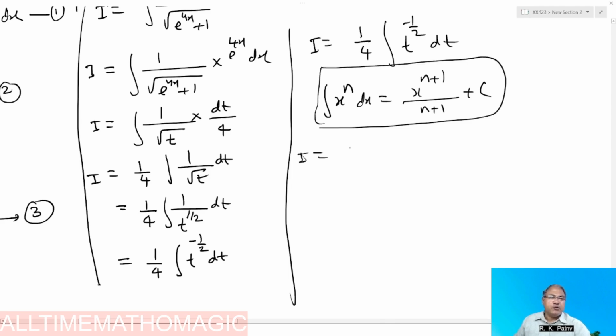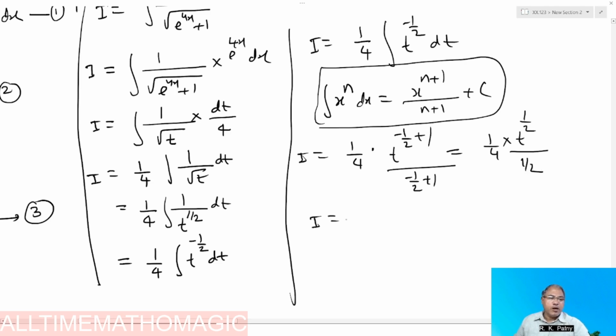Therefore I equals 1 upon 4 t raised to minus 1 by 2 plus 1 upon minus 1 by 2 plus 1. This equals 1 upon 4 t raised to 1 by 2 divided by 1 by 2. So I equals 1 upon 4 into 2 upon 1 into root t. The 2s cancel.